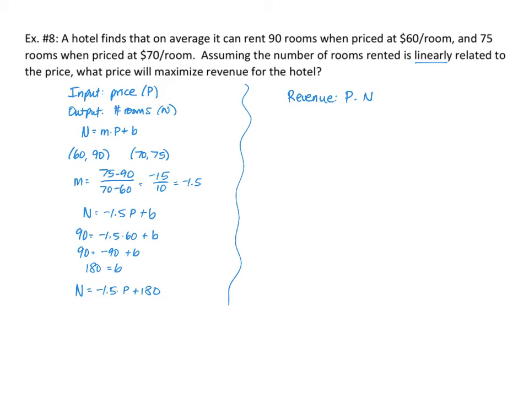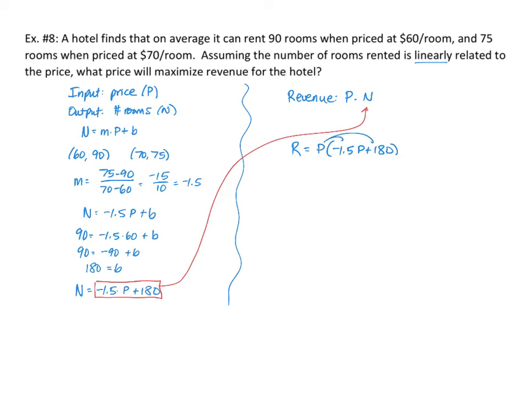Well, we know a relationship between N and P. So what I'm going to do is take this equation that we just wrote and plug it into my revenue function in place of the N. So this gives us a way to rewrite our revenue function as R is equal to P times, instead of N, negative 1.5 P plus 180.